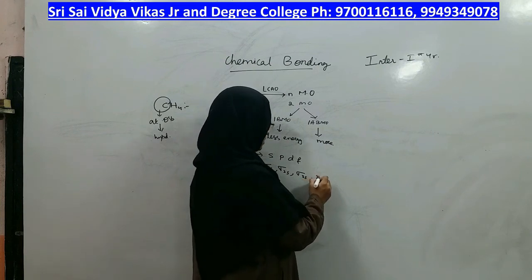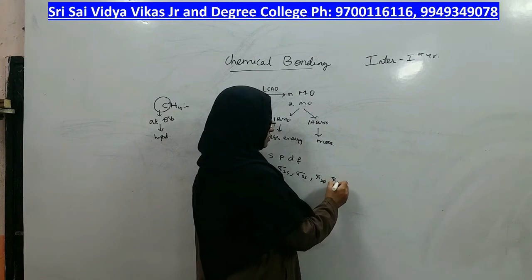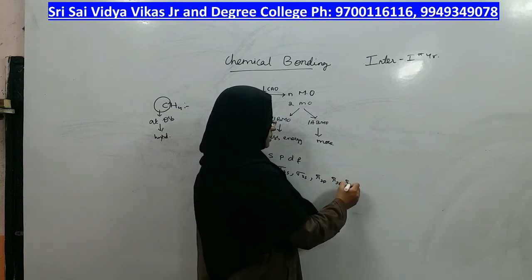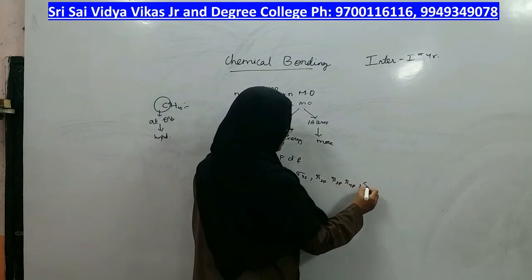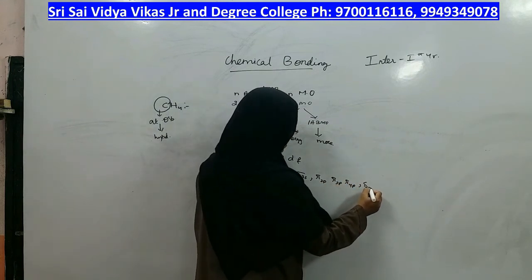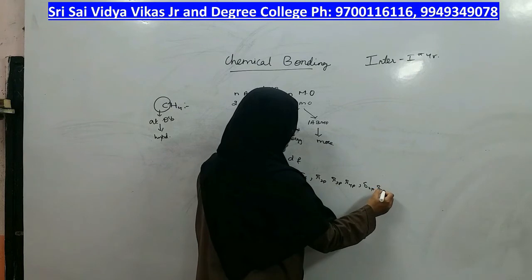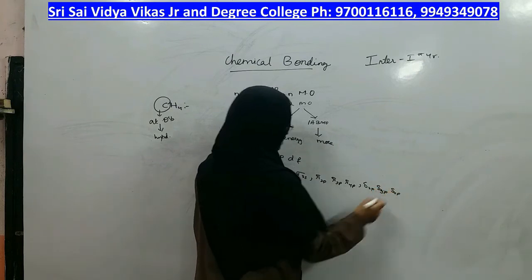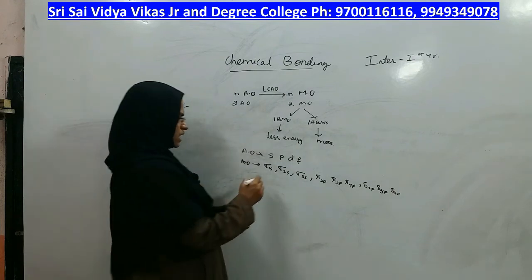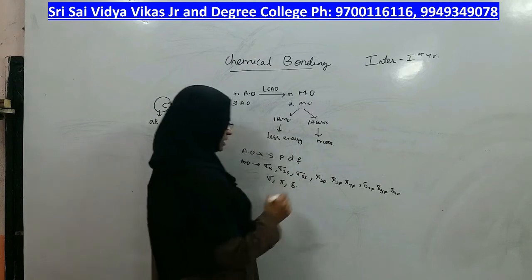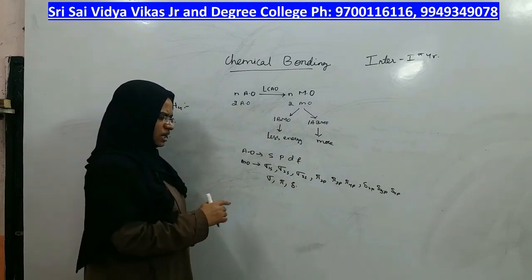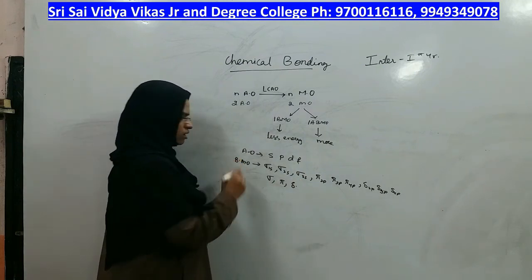Same way pi 2p, pi 3p, pi 4p, and same way delta 2p, delta 3p, delta 4p. So the molecular orbitals are sigma, pi and delta, and these are bonding molecular orbitals.